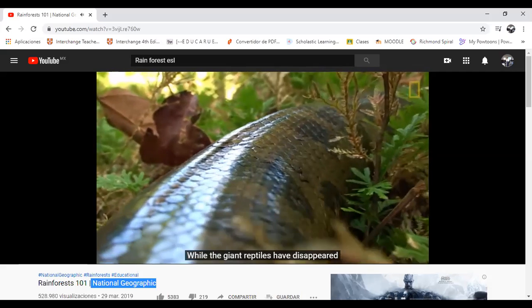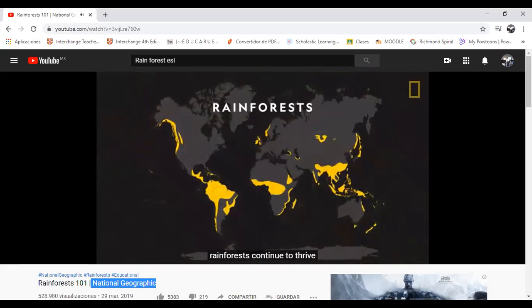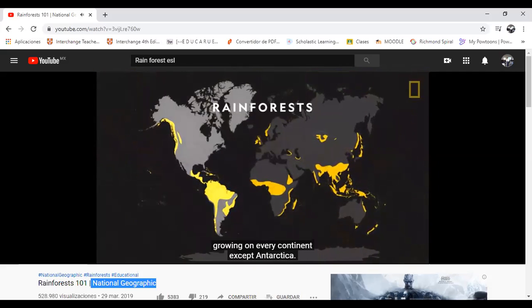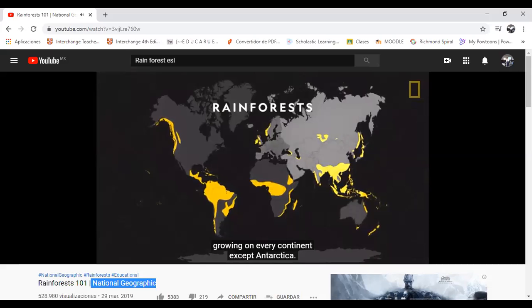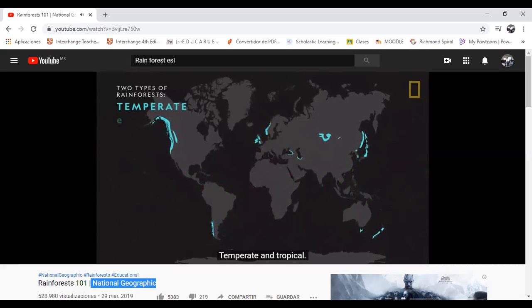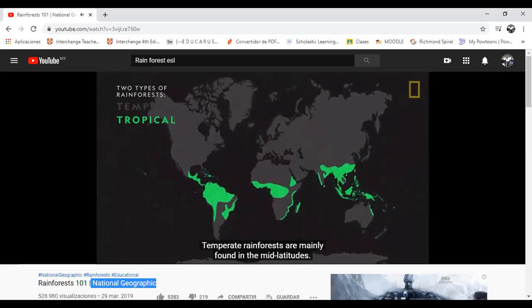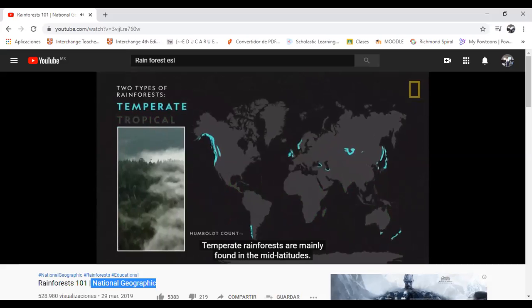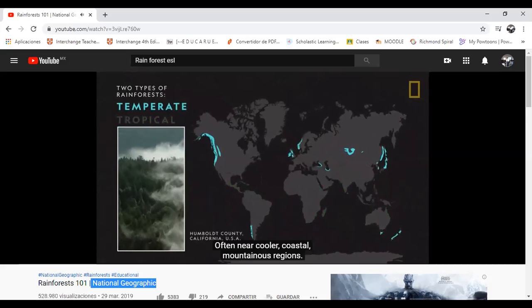While the giant reptiles have disappeared, rainforests continue to thrive, growing on every continent except Antarctica. 2 types of rainforests are scattered across the globe: temperate and tropical. Temperate rainforests are mainly found in the mid-latitudes, often near cooler, coastal, mountainous regions.